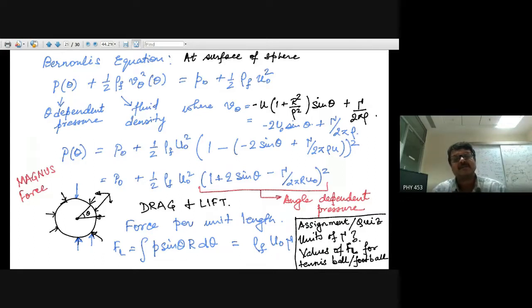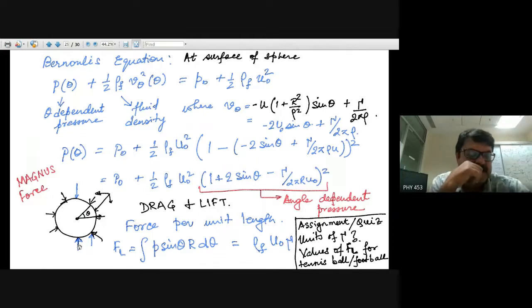So at different values, if you calculate just the component in the direction perpendicular to the flow at infinity, you'll see that there's a finite force, because here the pressure is less, and here the pressure is more, so there'll be a net force.